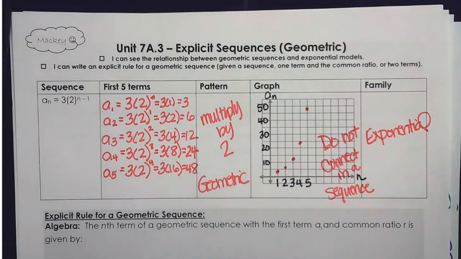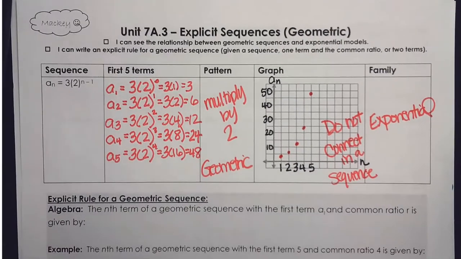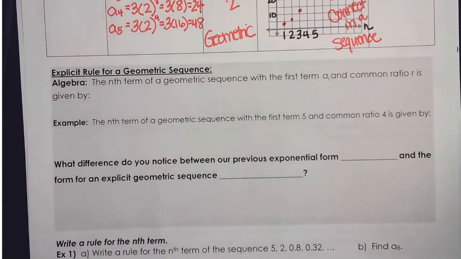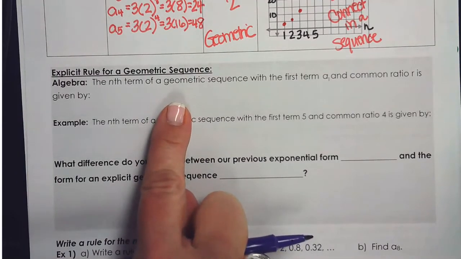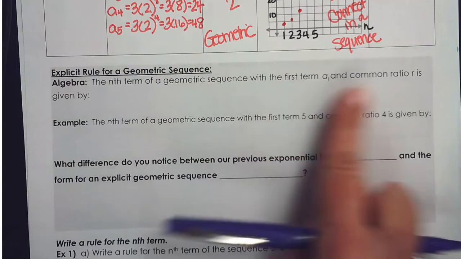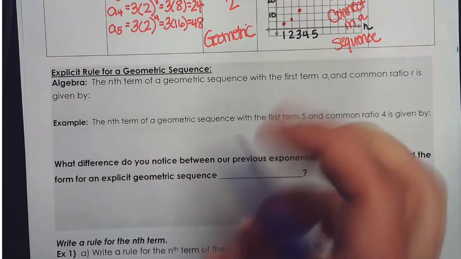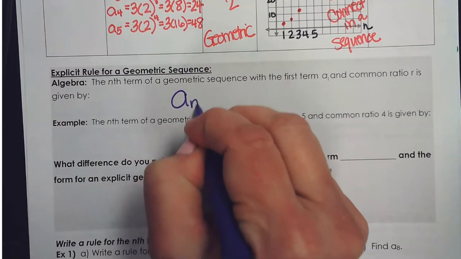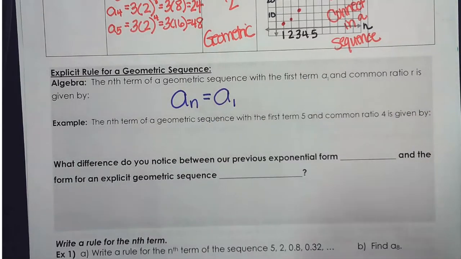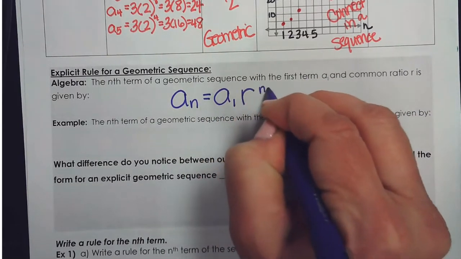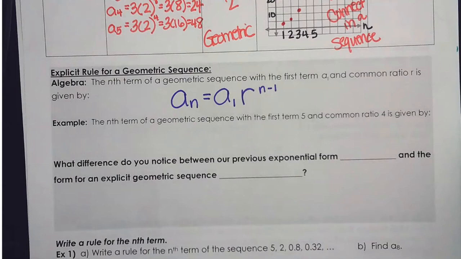And our rule for our geometric sequence is going to basically follow that same thing. The nth term of a geometric sequence with a first term a sub 1 and common ratio r is given by a sub n equals a sub 1 times r to the n minus 1.